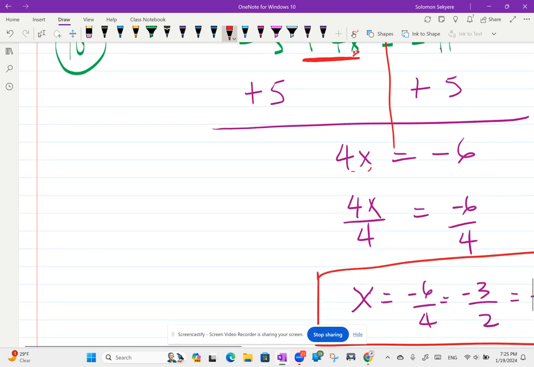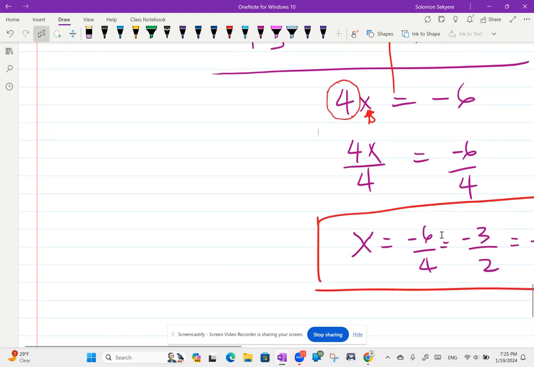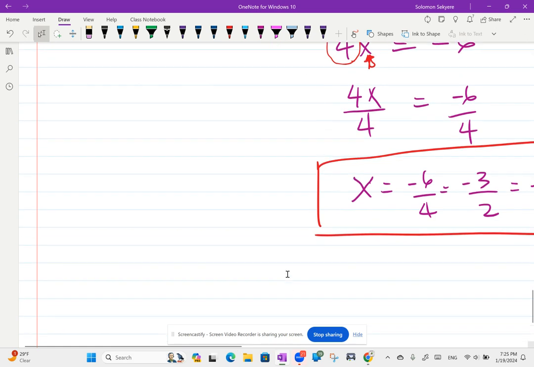What do I do next? How do I find my variable by itself? We divide by the coefficient, both sides by 4, and we have negative 6 over 4. You have to simplify your answer, so it's negative 3 over 2, or negative 1.5.